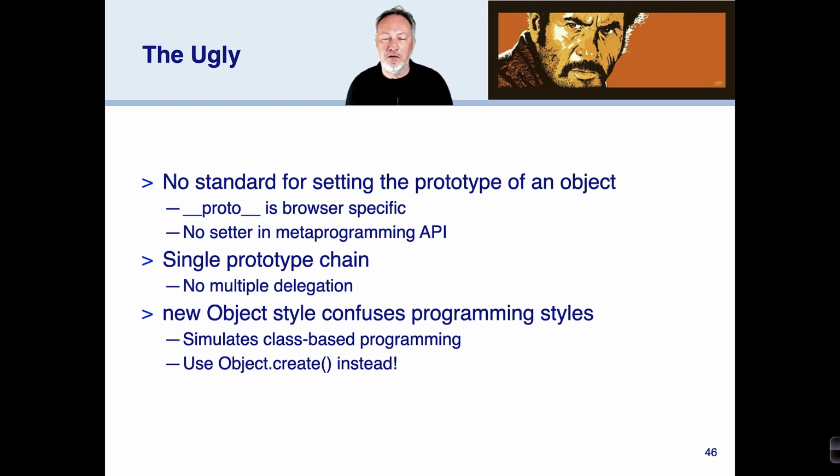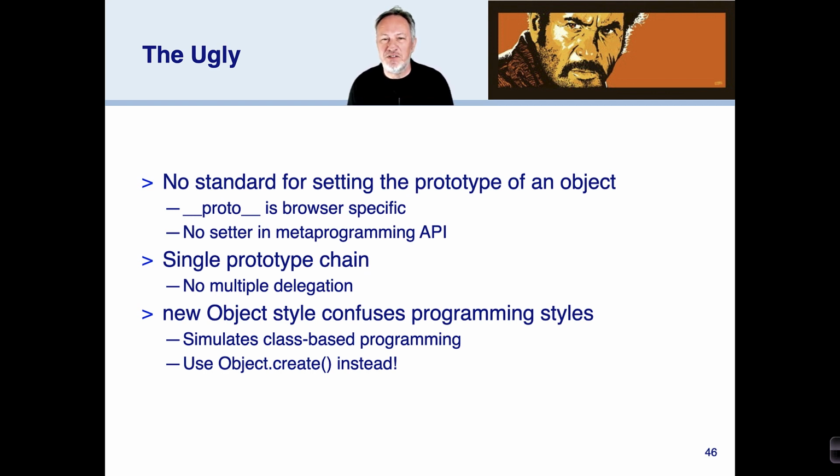Finally, the new keyword that simulates class-based behavior in class-based object-oriented languages is actually confusing the programming styles. So it is essentially kind of a sop to people who are expecting in JavaScript to program in an object-oriented way rather than a prototype-based way.